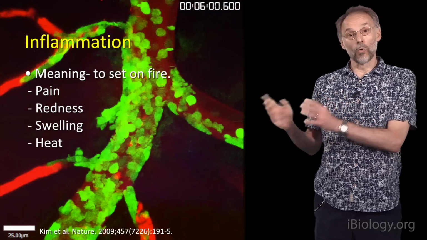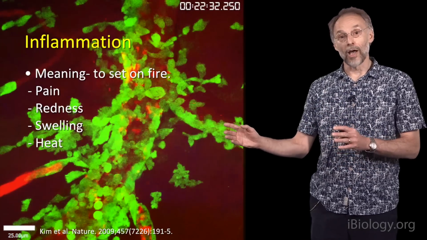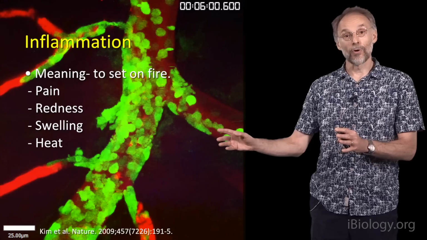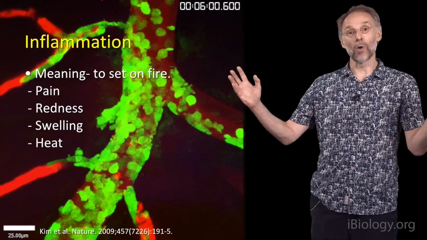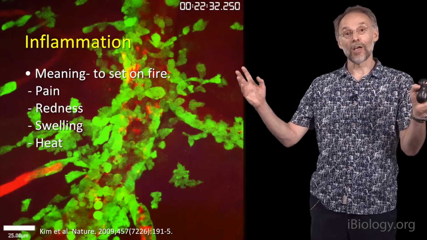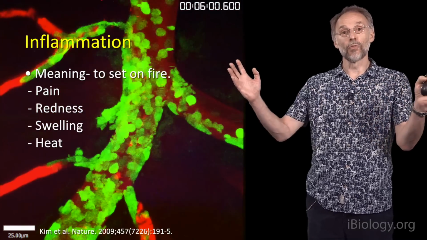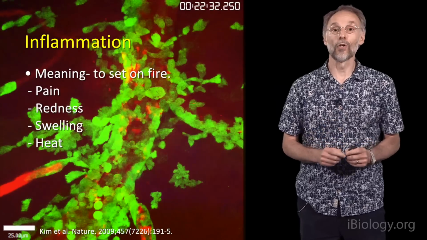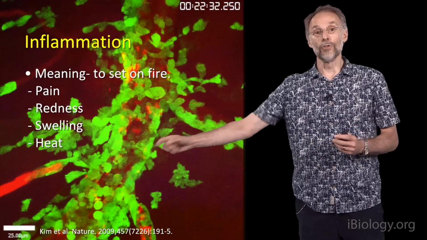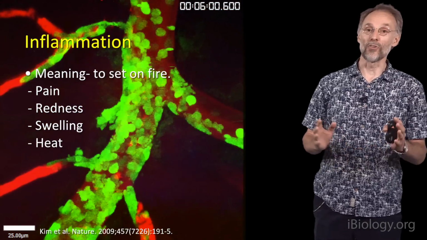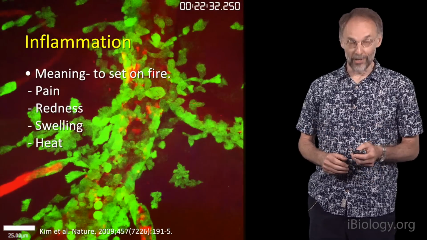We're imaging this in a live anesthetized animal during an inflammatory reaction, and this release of these green fluorescent white blood cells from the vessel, and the leakage of the red fluorescent signal from the vessel, is basically what's driving these responses in large part. So it's basically a classical signature of inflammation.